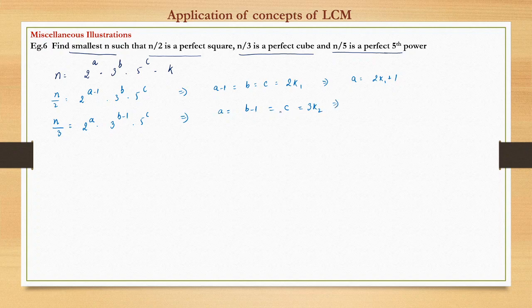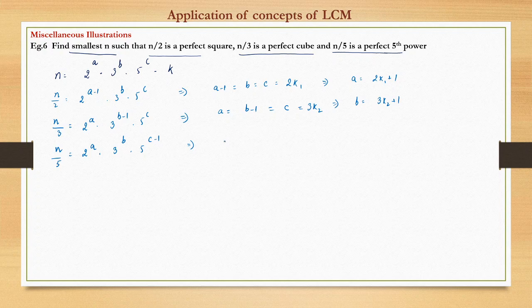They need not be equal, but they all must be a multiple of 3. So b we can write as 3k2 plus 1, and n by 5 we can write as 2 raised to power a into 3 raised to power b into 5 raised to power c minus 1.